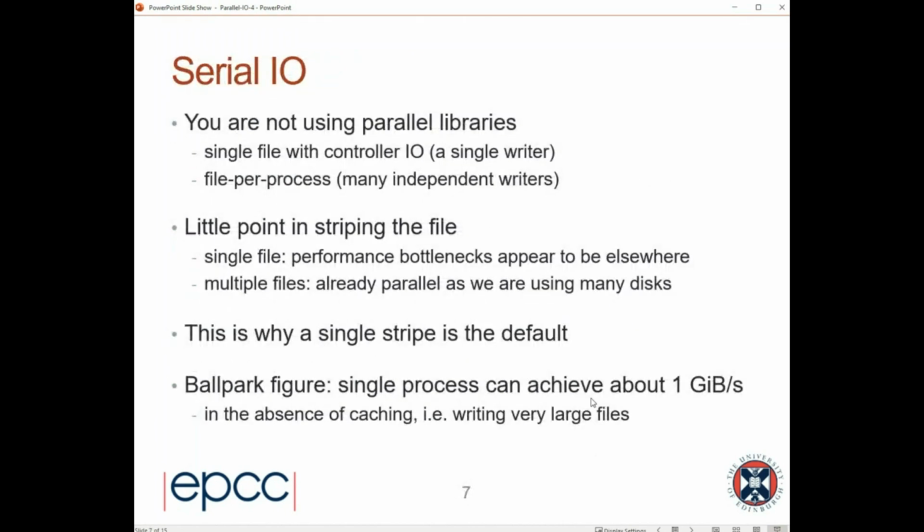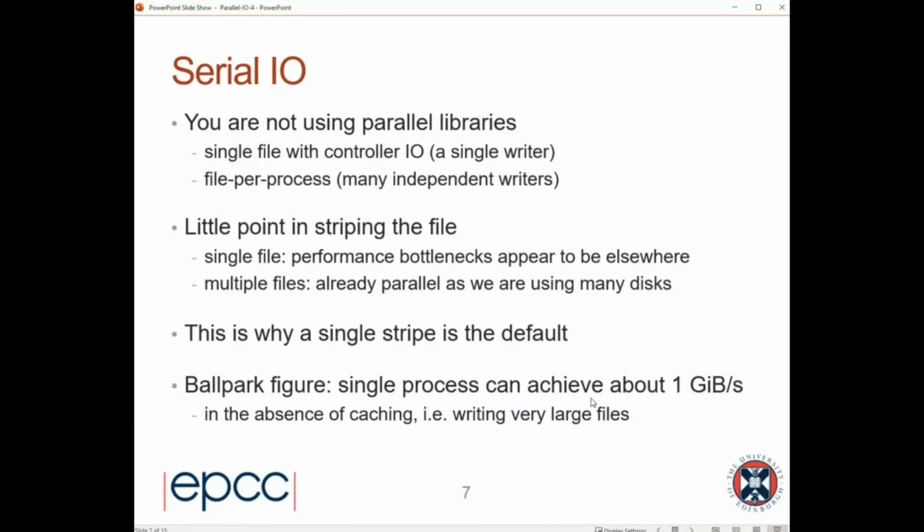For serial I/O, if you're not using any parallel libraries, e.g., a single file with a controller I/O or file per process, there's little point in striping the file, for two reasons. A, with a single file, the performance bottlenecks appear to be elsewhere.